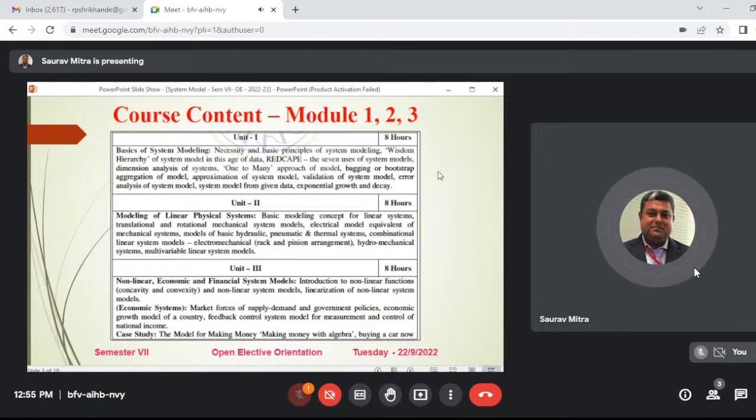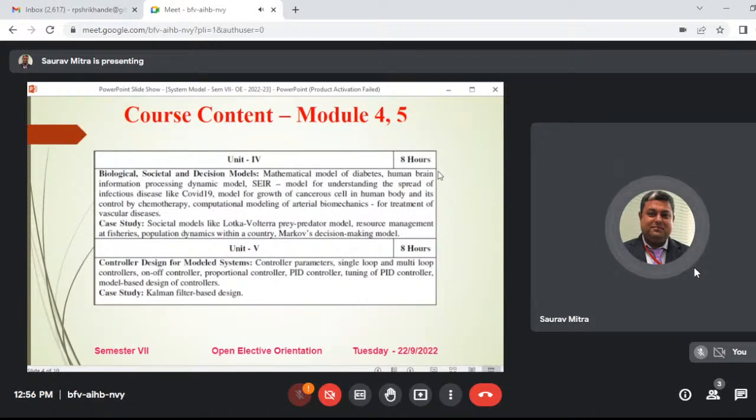All those things are very realistic, real-life, physical issues which are driving any country, and those things will be taught here by a little bit of block diagram, and there is no maths as such, so mainly block diagram treatment will be there for this third module. One case study we are going to see is taken from MBA: how to make money with algebra for buying a car. This also we are going to see as a case study in module 3.